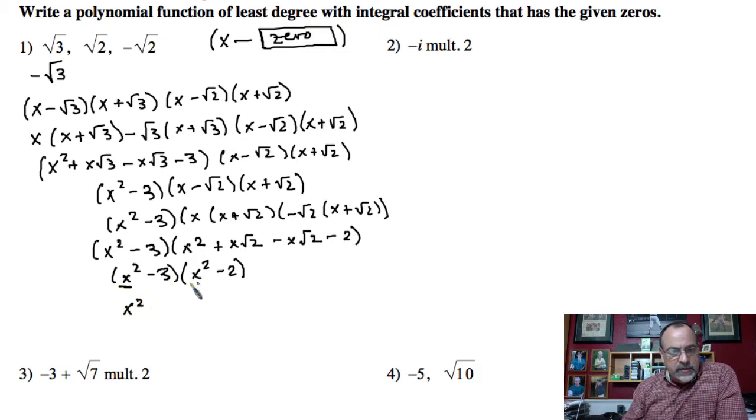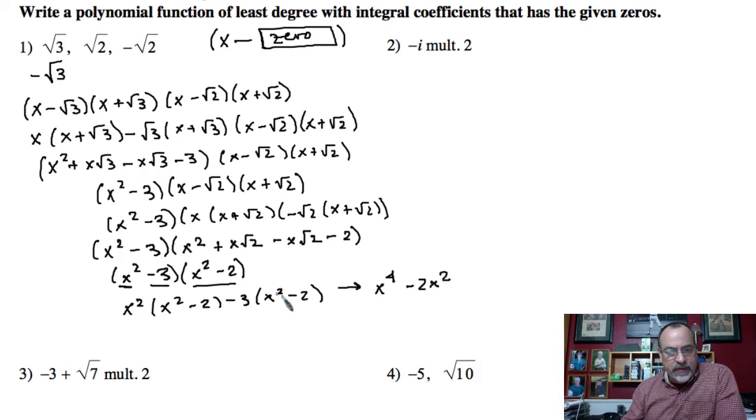So I'm going to take this x squared times this x squared minus 2, and then this negative 3 times this x squared minus 2. And so that's going to give me x squared times x squared is x to the 4th, and x squared times negative 2 is negative 2x squared, and then negative 3x squared, and then negative 3 times negative 2 is positive 6.